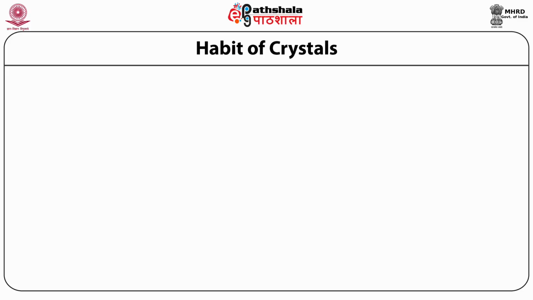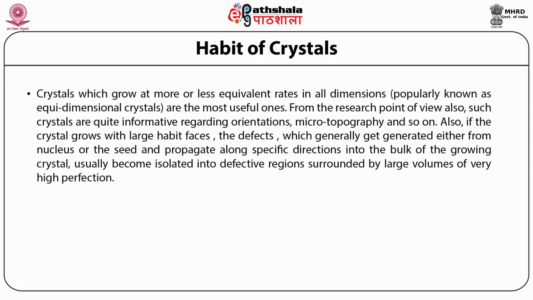Habit of crystals. Crystals which grow at more or less equivalent rates in all dimensions, popularly known as equidimensional crystals, are the most useful ones. From the research point of view also, such crystals are quite informative regarding orientation, microtopography, and so on.